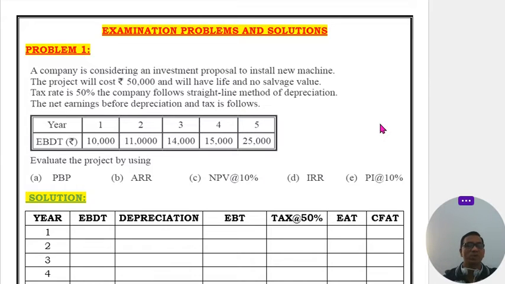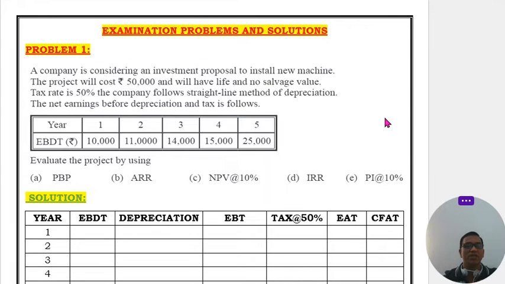And now cash inflows. Whether the cash inflows are given in the question directly or indirectly. Normally, cash inflow, cash flow after taxes, that means direct values, which we need to solve the problem. But what is given here in this question? EBDT, earnings before depreciation and taxes.